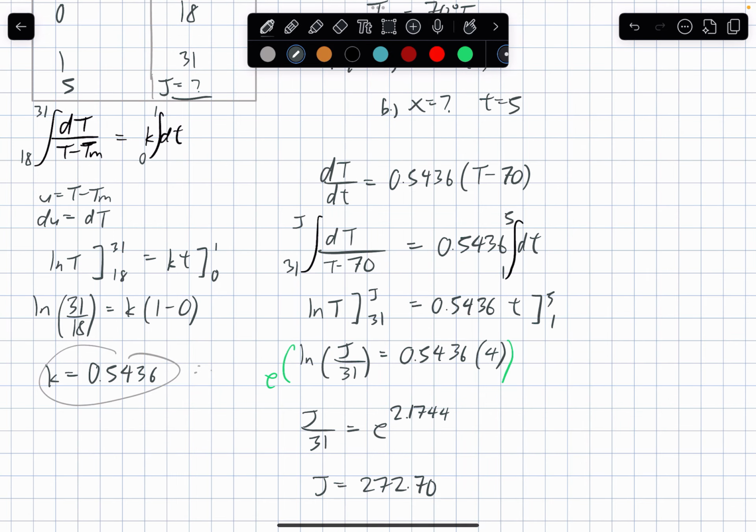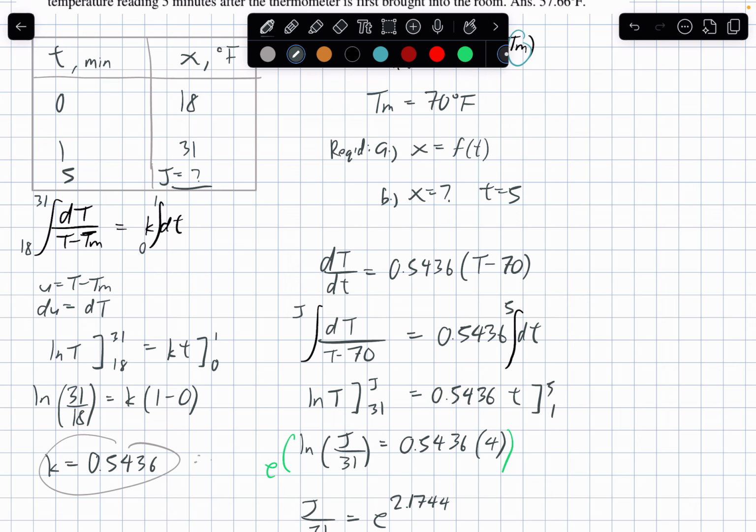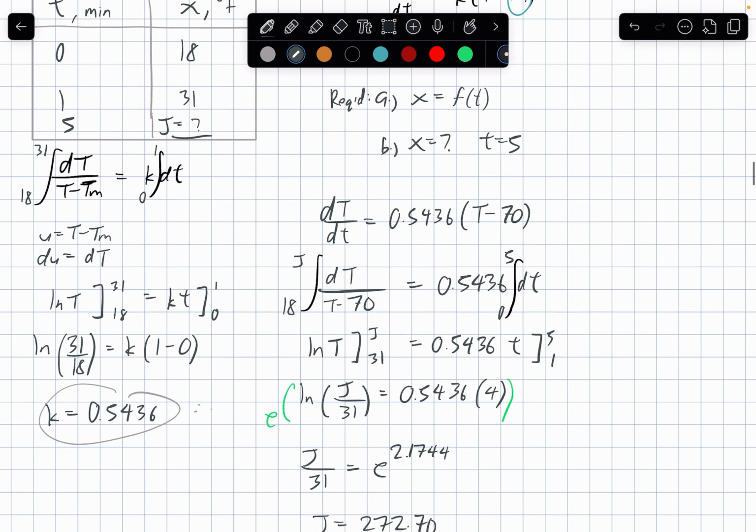So we can solve this another way. Let's try 0 and 18. Let's try this pair. 0 and then 18.